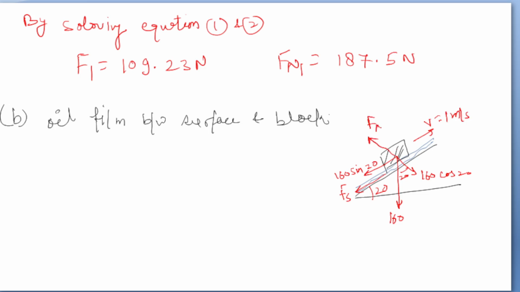This is Fn2, the normal component, and a horizontal force, say F2. It has two components, along the surface and perpendicular to the surface: F2 cos 20 and F2 sin 20.